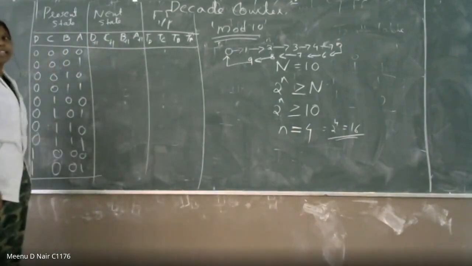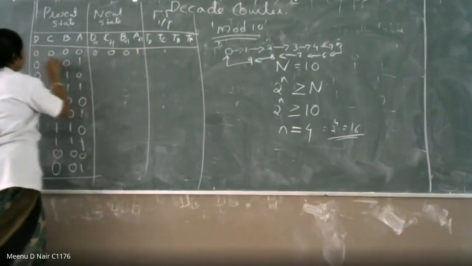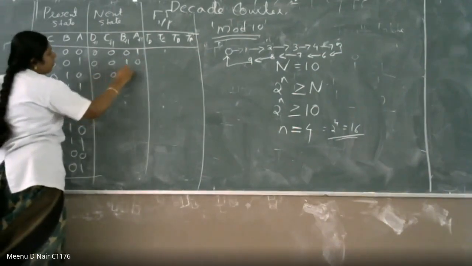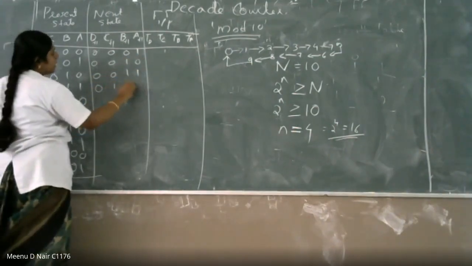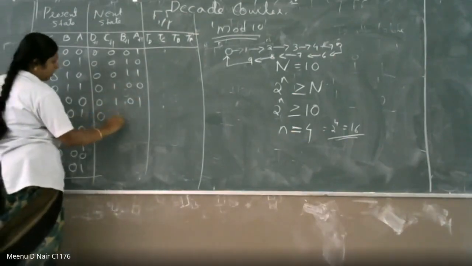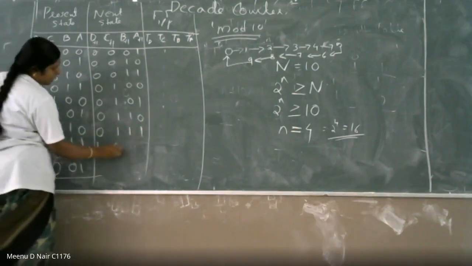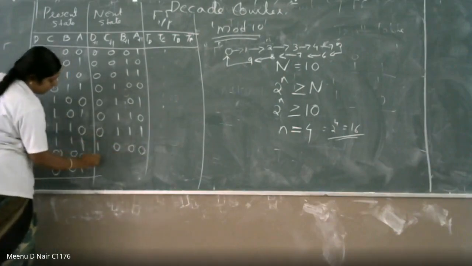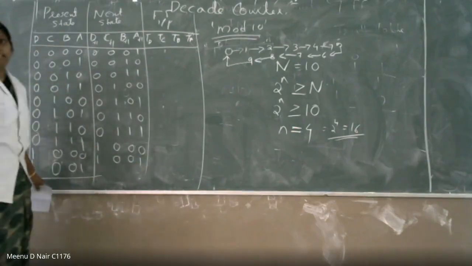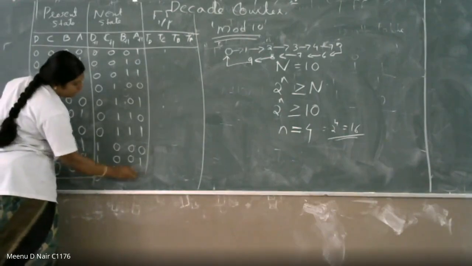So for 0, 0, 0, 0 the next state will be 0, 0, 0, 1, then 0, 0, 1, 0, 0, 0, 1, 1, 0, 1, 0, 0, 0, 1, 0, 1, 0, 1, 1, 0, 0, 1, 1, 1, 1, 0, 0, 0, then 1, 0, 0, 1. After 1, 0, 0, 1, what is the next state? That is 0. Okay, it is again back to 0, 0, 0, 0.